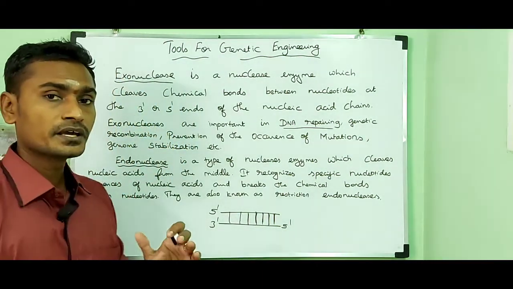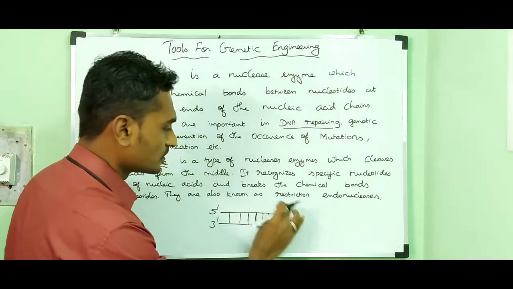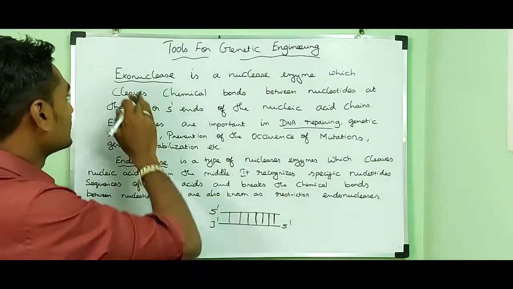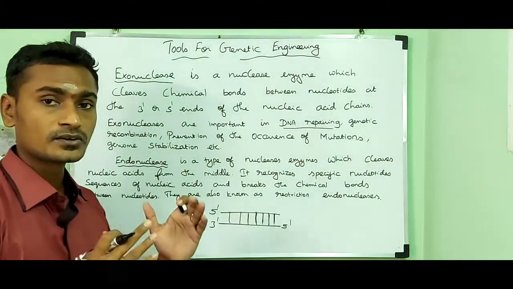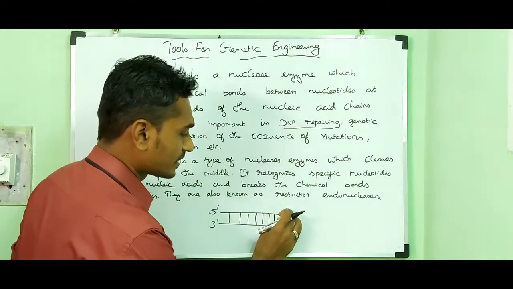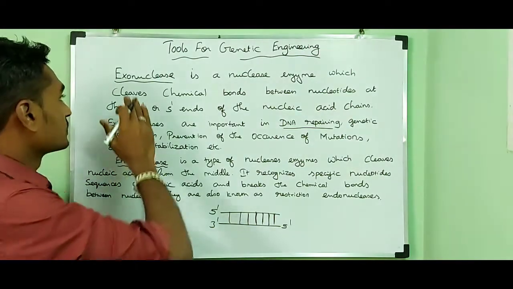It cleaves chemical bonds between nucleotides at the end of the nucleic acid. That is why they are called exonucleases: they make the cut on the outer side.